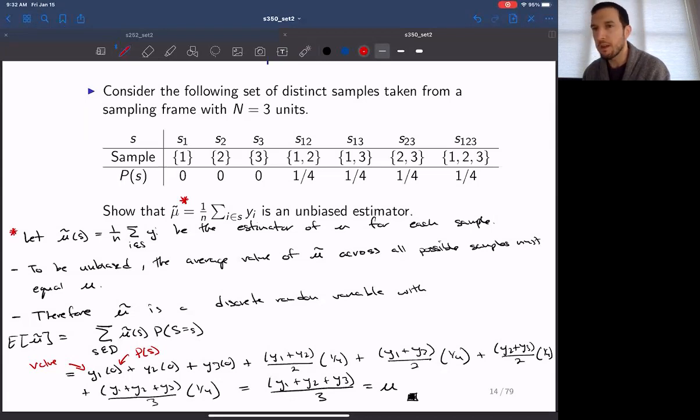The only reason that I think it's better to write y1 and y2 here is because if you add too early, you're going to end up with an actual quantity inside of the brackets. And then when you go to simplify the expression, you're just going to end up with a fraction at the end. Whereas if you keep them as y1 and y2, you can see that the end result is y1 plus y2 plus y3 over 3, which again is clearly the definition of the population mean. So that allows us to say that we have an unbiased estimator in this particular case.